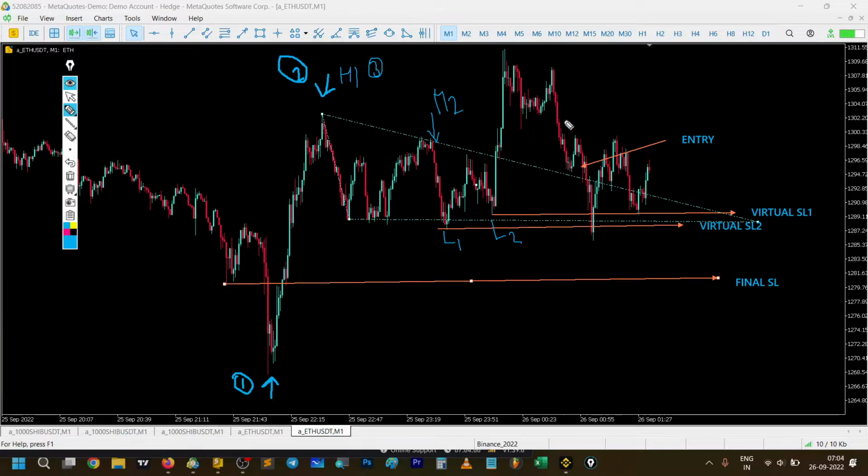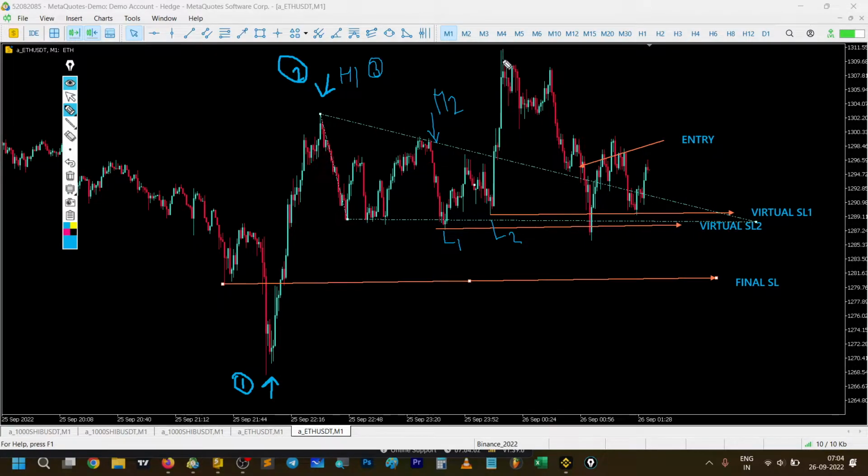So what are the rules once you find the breakout? This is a breakout. Step 4 is find a breakout. We have found it, and after that wait for price to come back to support. As you can see here, price came back to support.